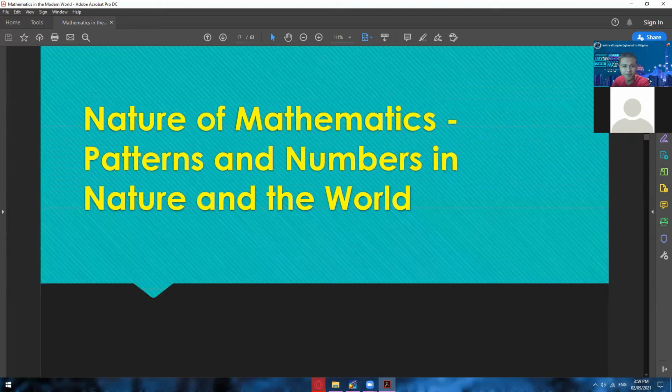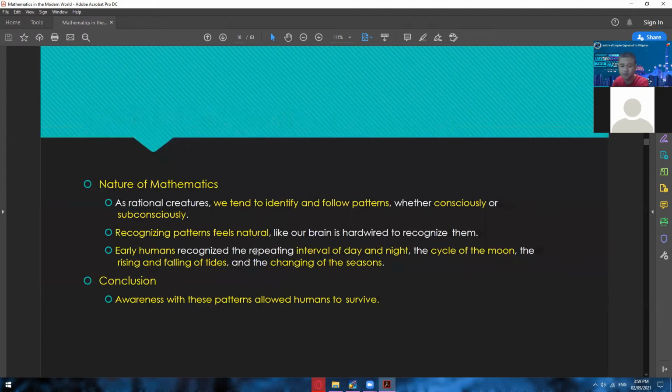Alright, if you don't have any more questions, let's now proceed with the real discussion. Here, we're going to discuss the nature of mathematics: patterns, numbers, numbers in nature, and the world itself. First, let's talk about the nature of mathematics. As rational creatures, we tend to identify and follow patterns, whether consciously or subconsciously.